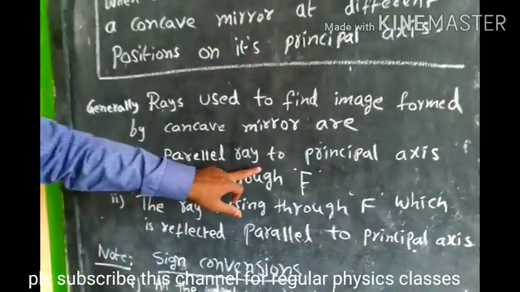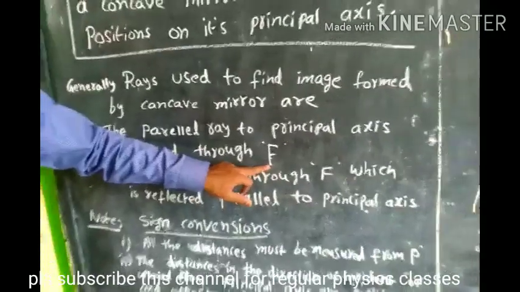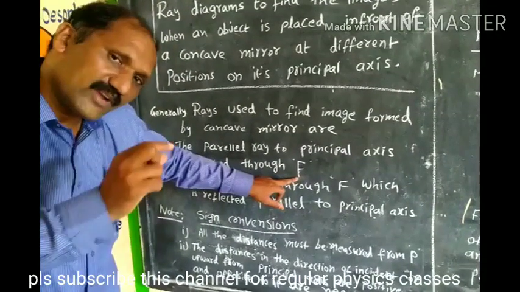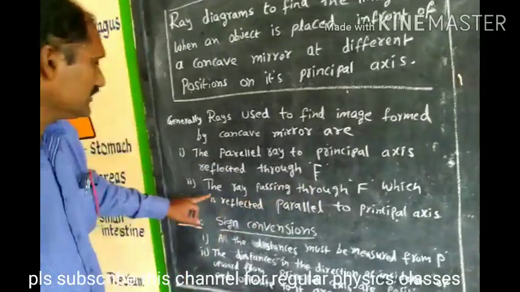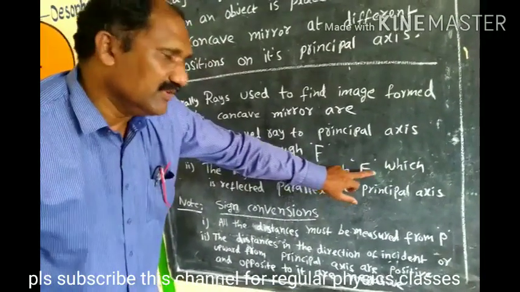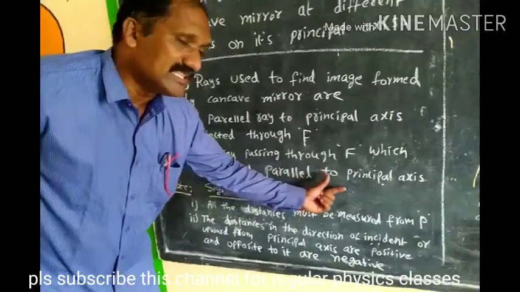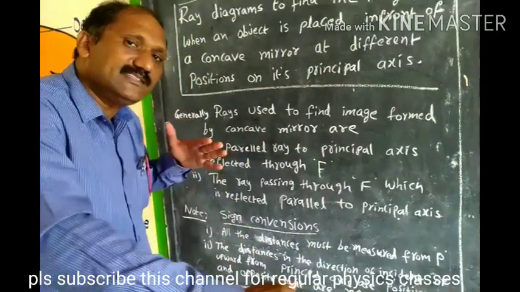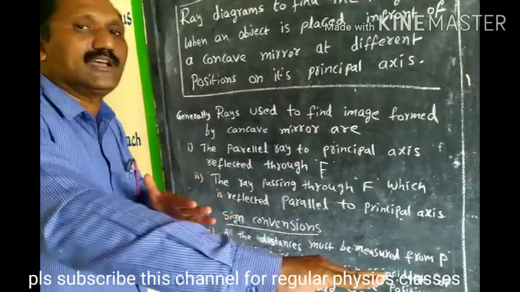First one is the ray parallel to the principal axis, which is reflected through the focal point F. Second one is the ray passing through the focal point F, which is reflected parallel to the principal axis.